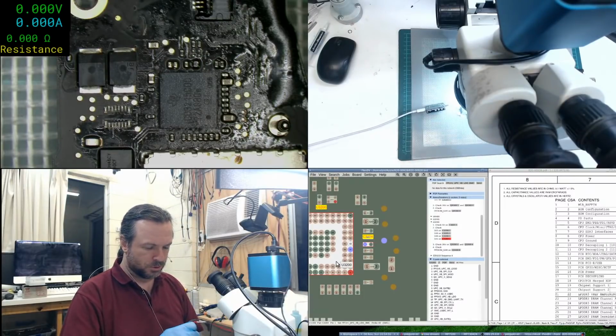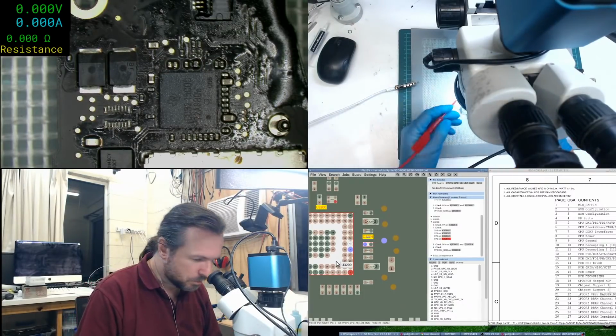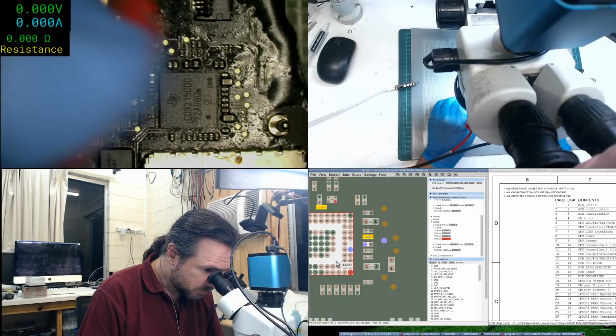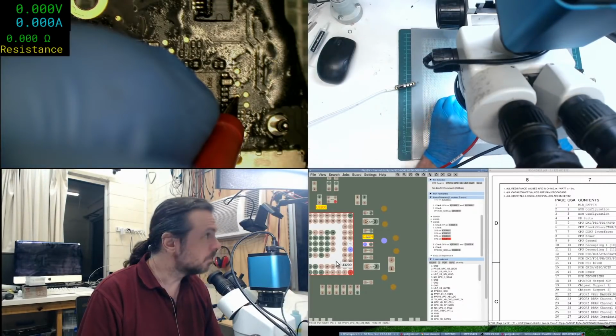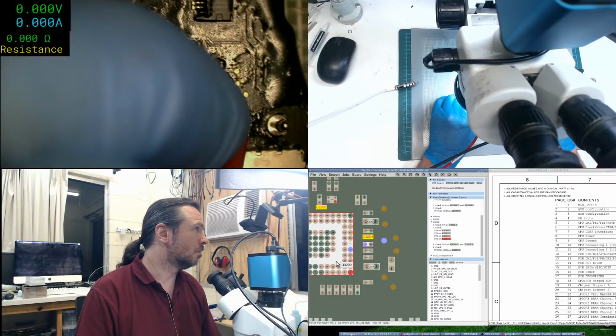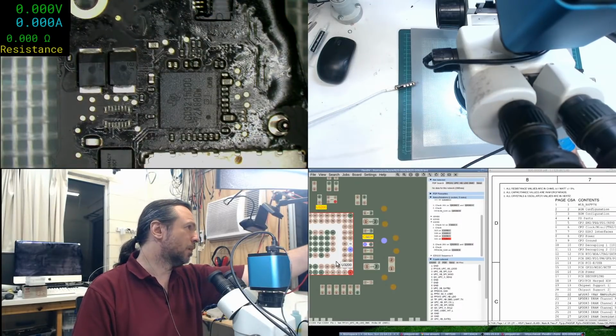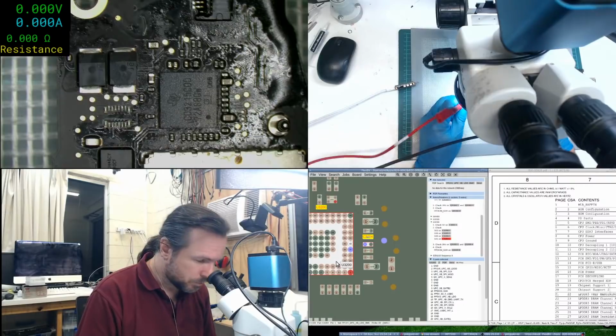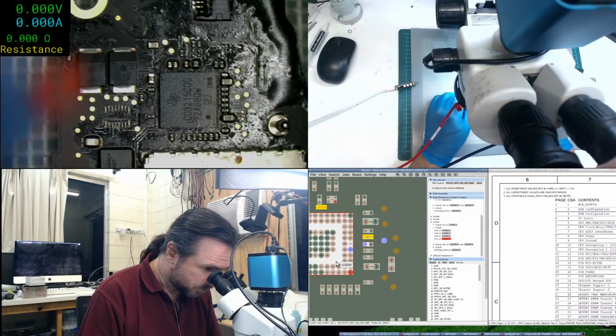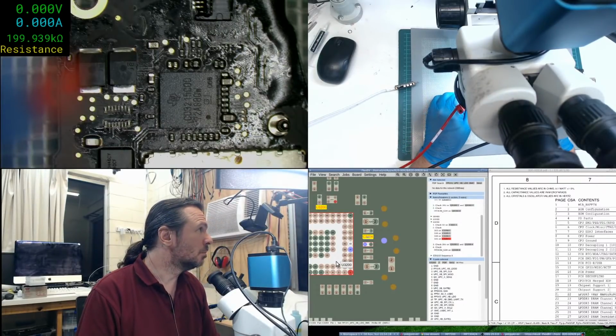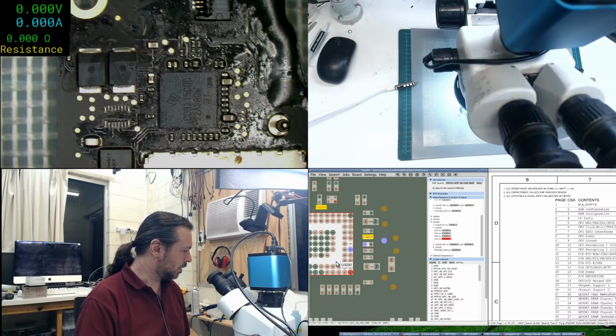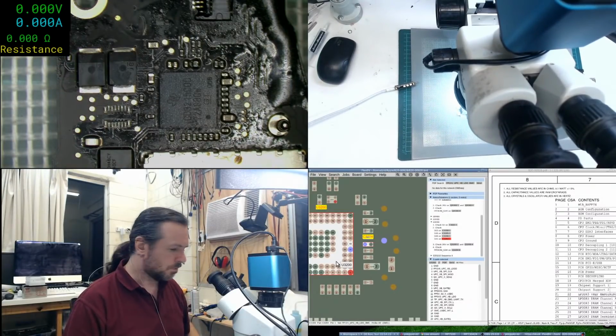See if we've got a short. Would appear not, given that it's giving me overload, or out of range, rather. No, we don't have a short on that, so that's 1.1 volt dead on that one.